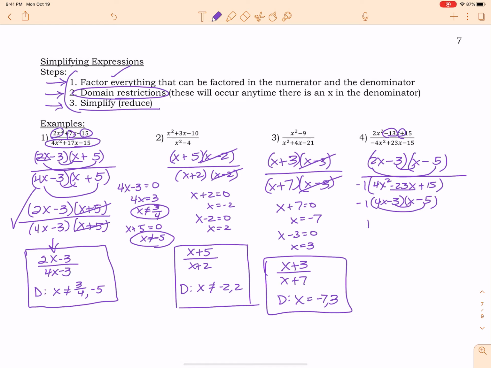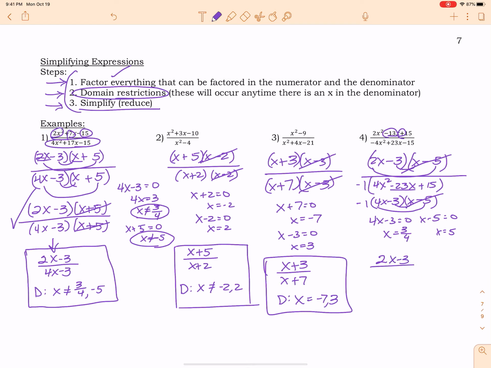All right, so my domain restrictions, set your factors in your denominator equal to 0 and solve. So our simplified answer, the x minus 5's will reduce.